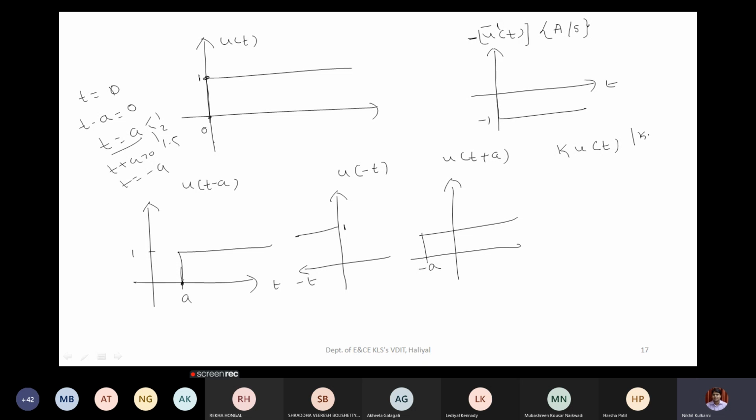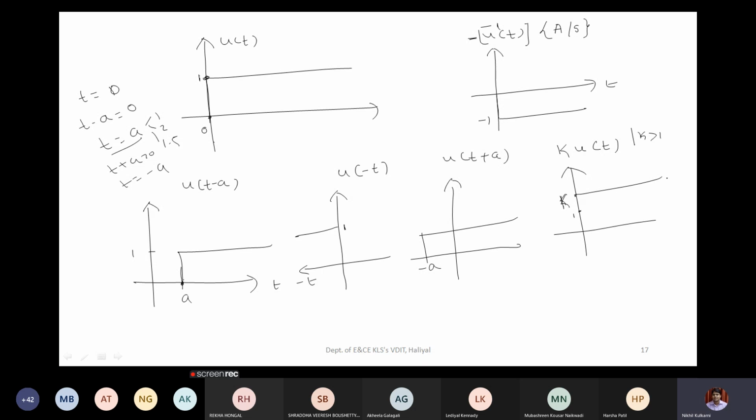For k greater than 1, if you consider, it is again something like amplitude you are changing, right? So if k value is greater than 1, you will get the signal like this. Yes, getting this idea here, everybody?